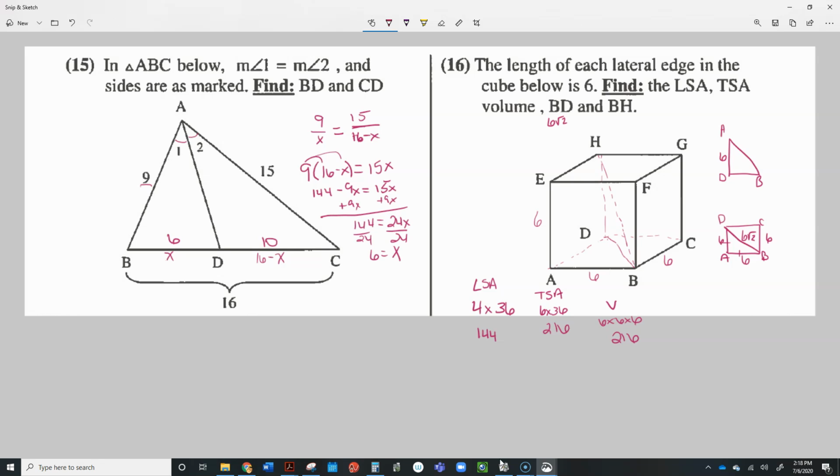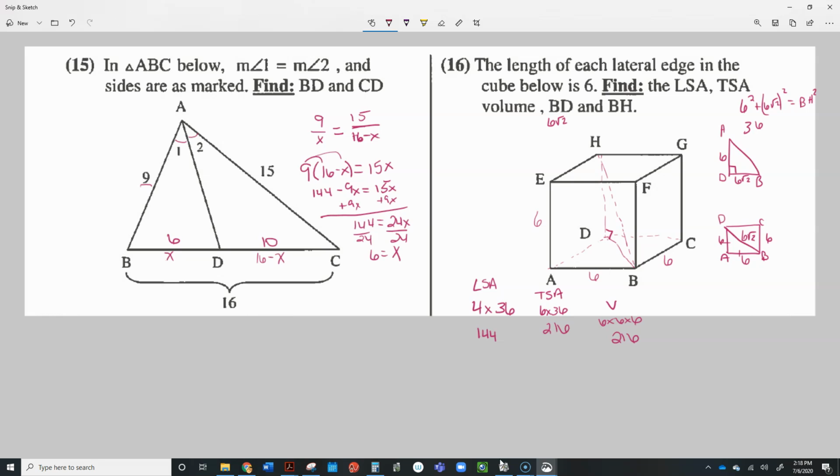So we know this is 6. We know this right here, we just found it, is 6 square roots of 2. So I can find this by doing Pythagorean theorem. Because this is a right angle down here, we have 6 squared plus 6 square roots of 2 squared is going to equal BH squared.